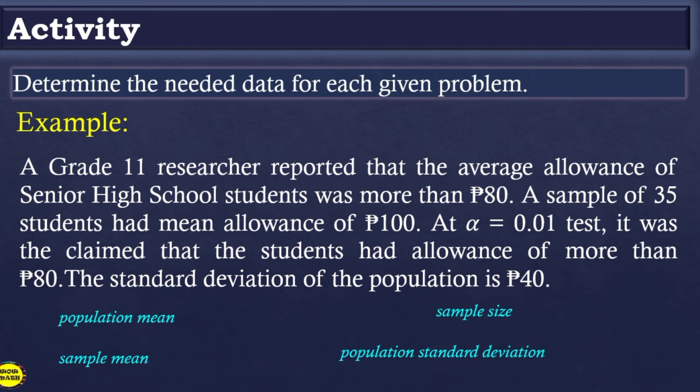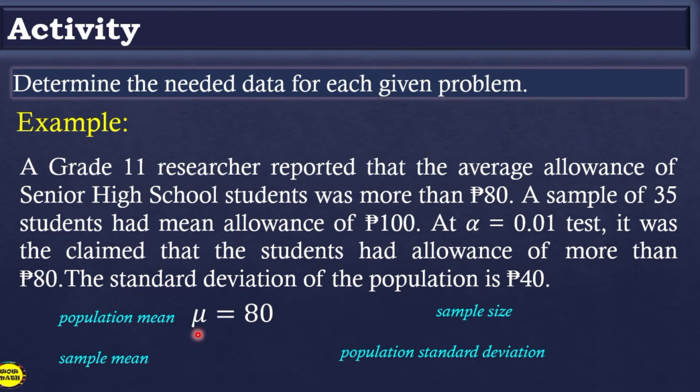Based sa problem, ano yung population mean natin? Since nakalagay dito sa unang sentence that the average allowance of senior high school students was more than 80 pesos, ibig sabihin, yung 80 pesos, that is the population mean. And class, take note yung mga symbol na ginagamit natin. For population mean, ginagamit natin yung mu.